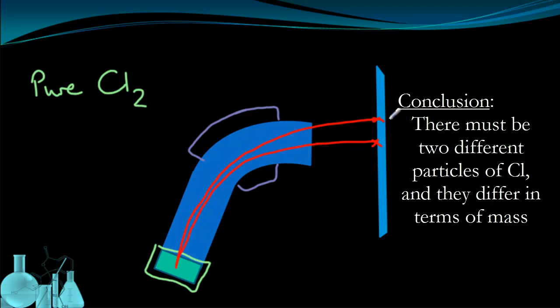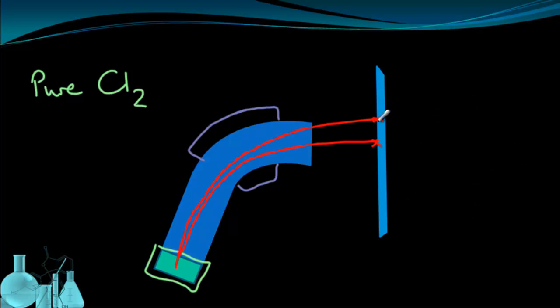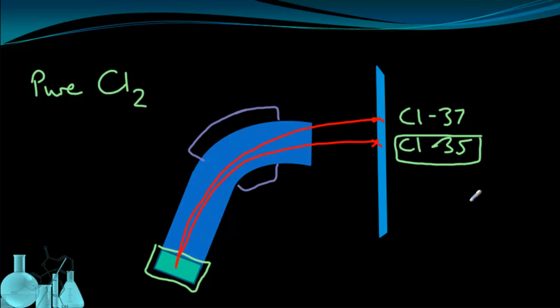We can also tell which one of these collisions happens more frequently, because the detector screen will detect which location is being hit more often. So this tells us that we actually have two types of chlorine. We have a chlorine particle that has a mass of 37, and we have a chlorine particle that has a mass of 35. We also know that this one, the 35 mass, is far more common.